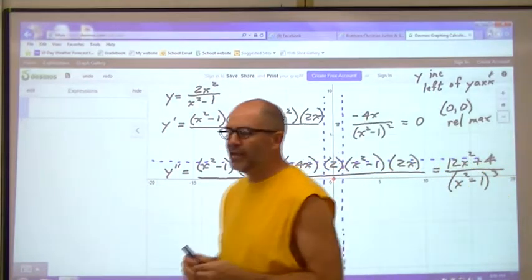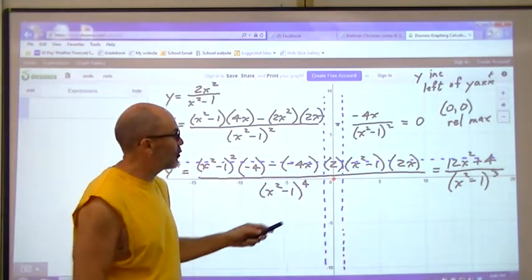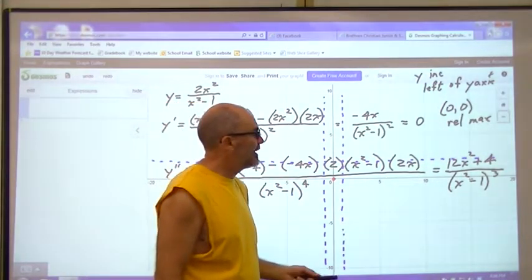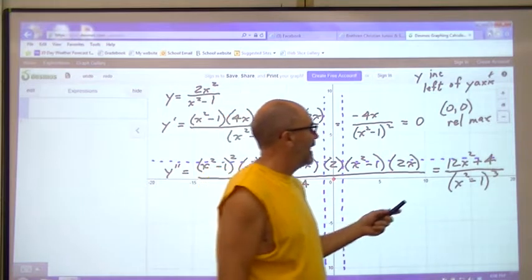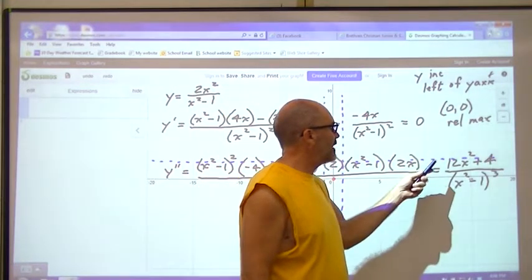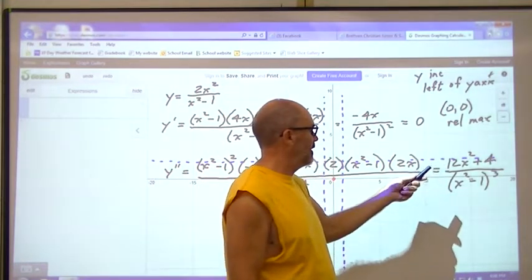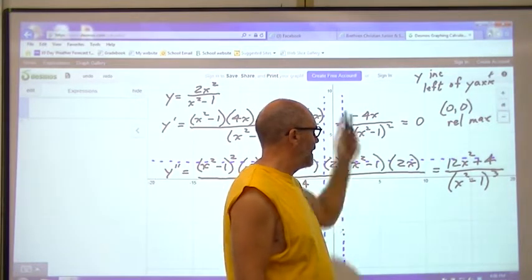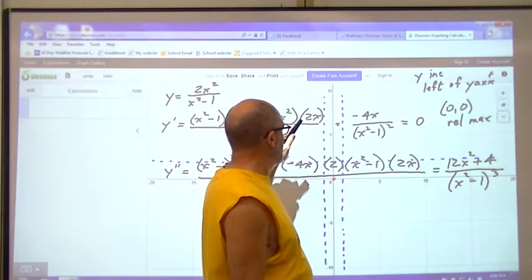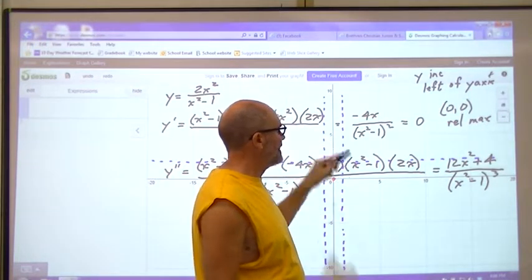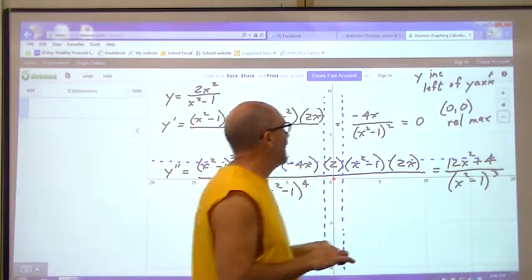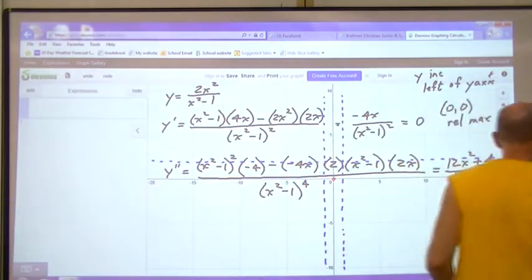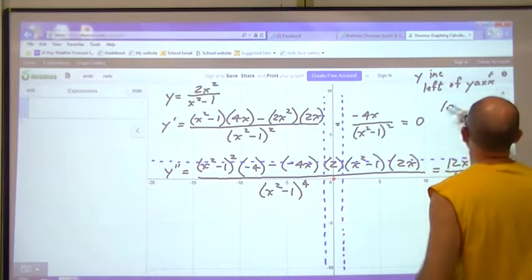What we want to know is, where is this second derivative positive and where is it negative? Well, what I have to do is I have to do 3 separate sections here. Clear some stuff out of here.